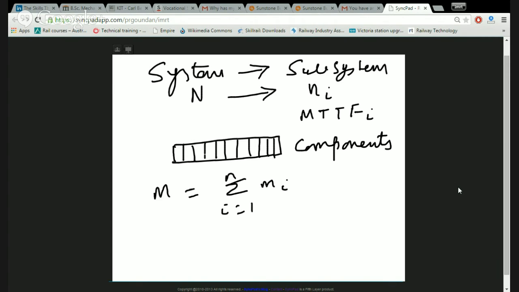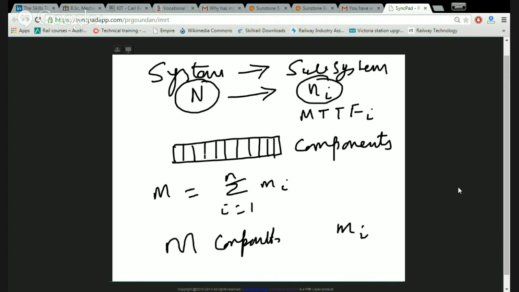So it is the same derivation, everything, except that here it is total number of subsystems, individual subsystems. Here it is total number of components for the whole work, and what is the number of components of each of these modules. So the equation is the same, everything is the same. Okay. Now we will do a simple example in this.